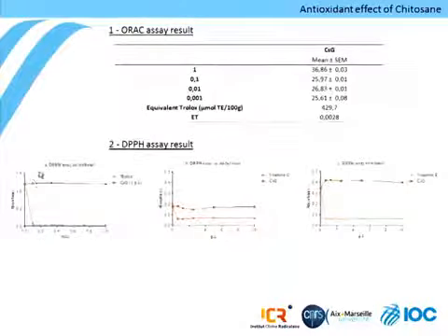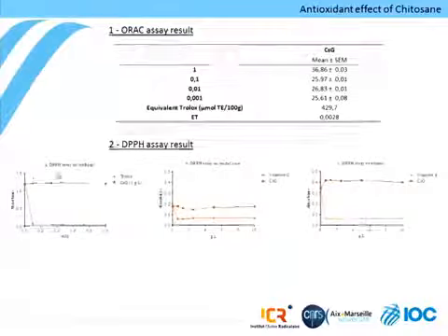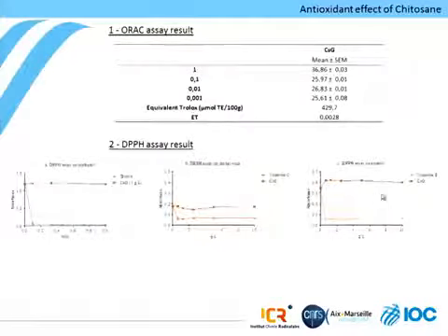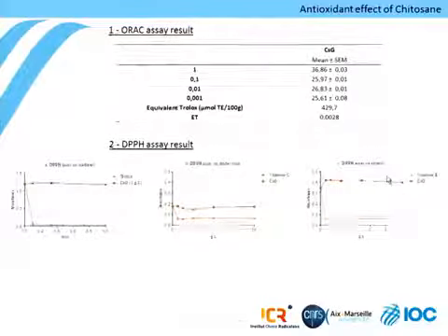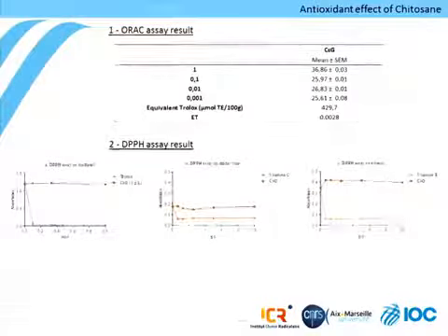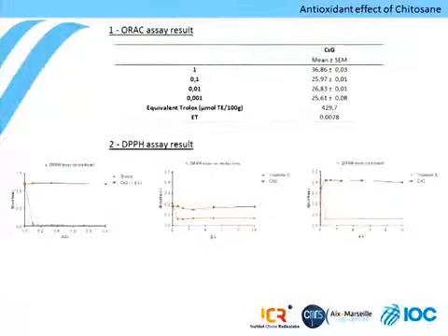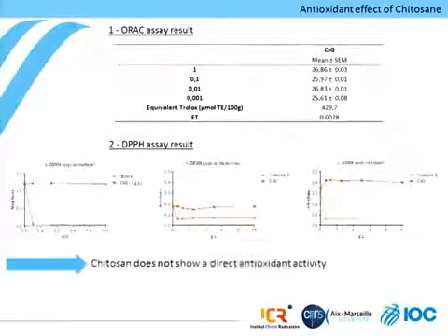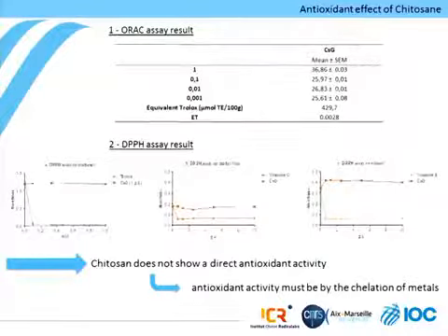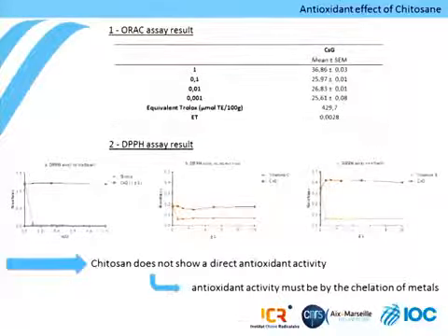And these results are confirmed by the DPPH assay results, because despite the increase in the concentration of chitosan in the solution, you have a reduction in absorbance, and if no yellow color is obtained, then there has been no reduction. It seems, therefore, that chitosan does not show a direct antioxidant activity.